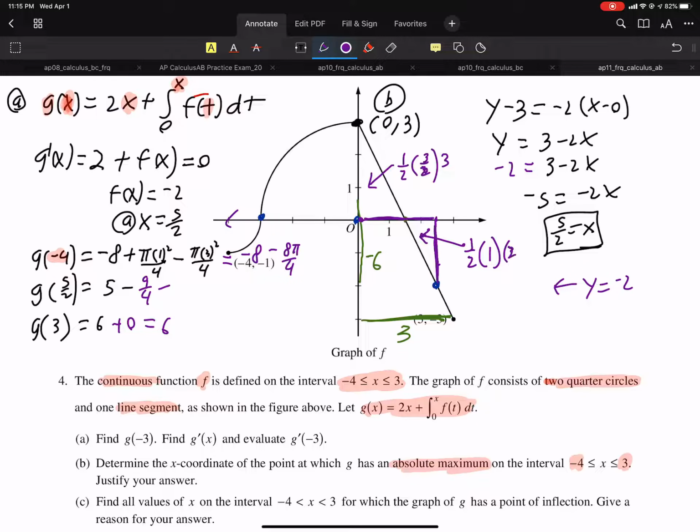The area is positive. So that's going to be 1. So that's going to be, excuse me, 5 minus 2.5 minus 1. So 5 minus, actually it's 2 1/4 minus 3 1/4 will be 1 3/4.